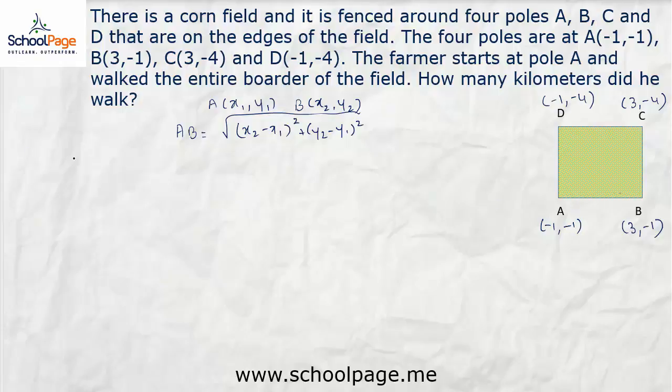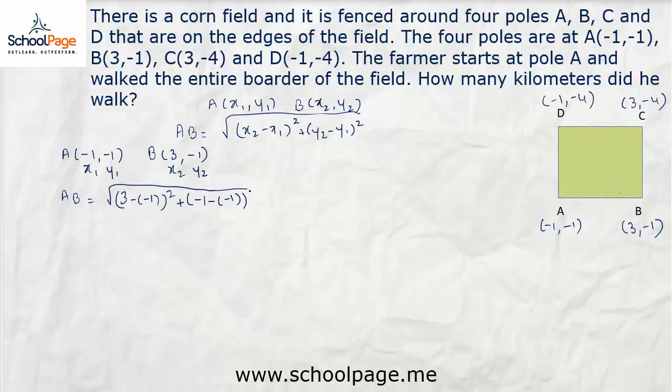Let us first write the coordinates of A as -1, -1 and B as 3, -1. Let us mark this as x1, y1, x2, y2. So AB equal to square root of 4 square plus 0, which is equal to 4 kilometers.